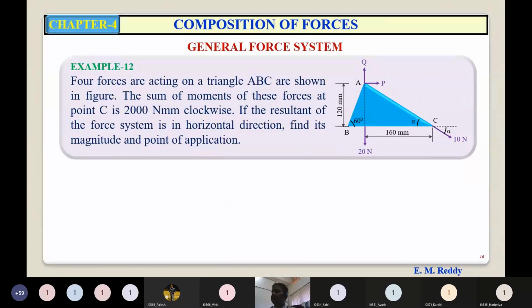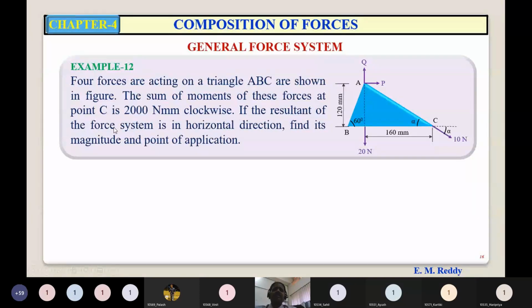Please note down this. Four forces are acting on a triangle ABC as shown in the figure. The sum of moments of these forces at point C is 2000 Newton millimeter clockwise.